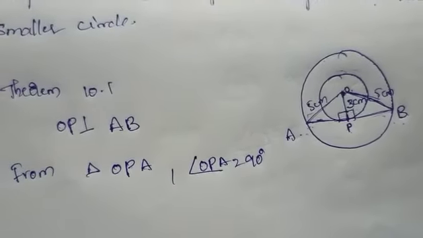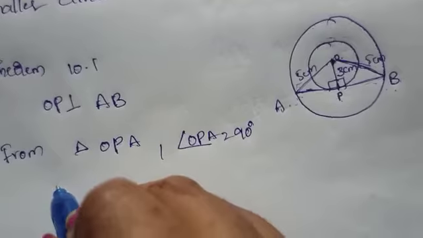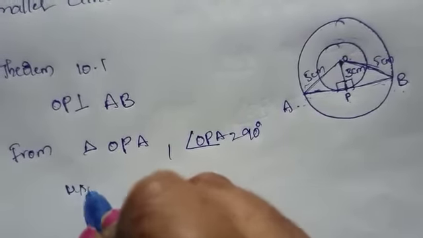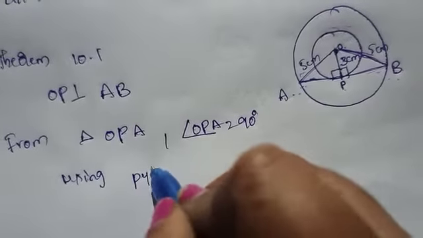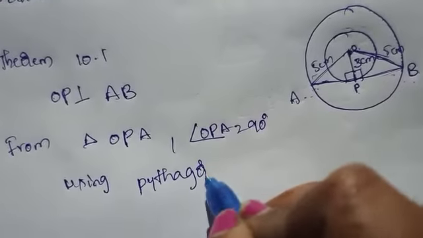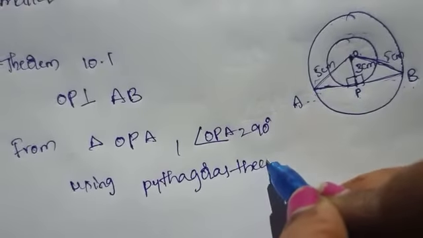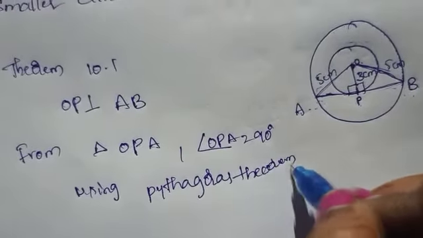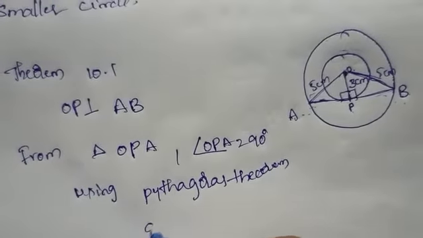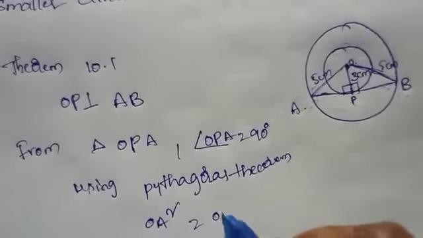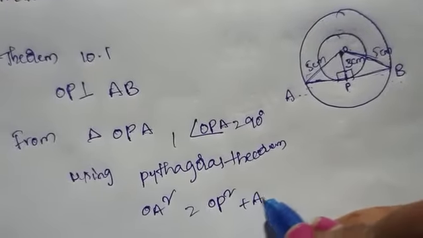So applying Pythagoras theorem. According to Pythagoras theorem, hypotenuse square equal to side square plus side square.